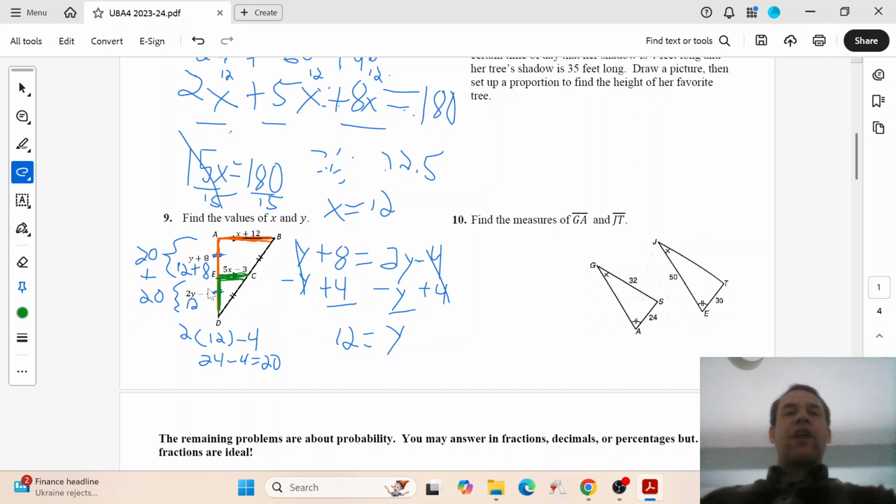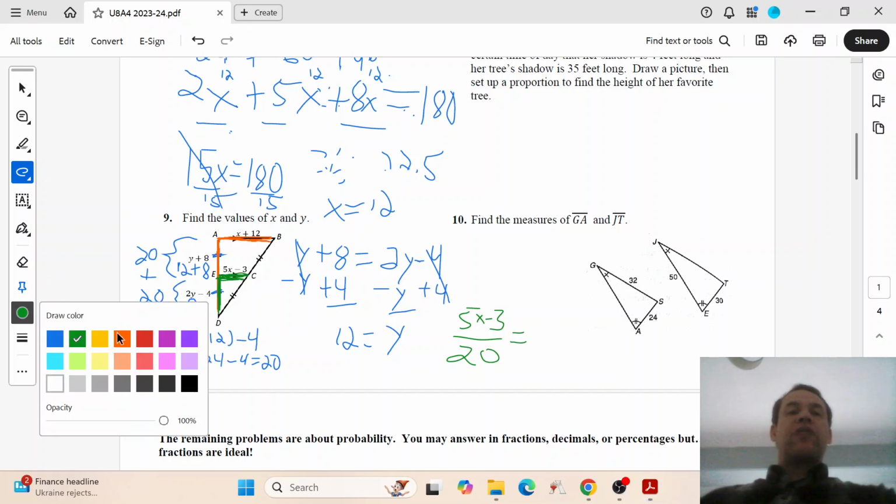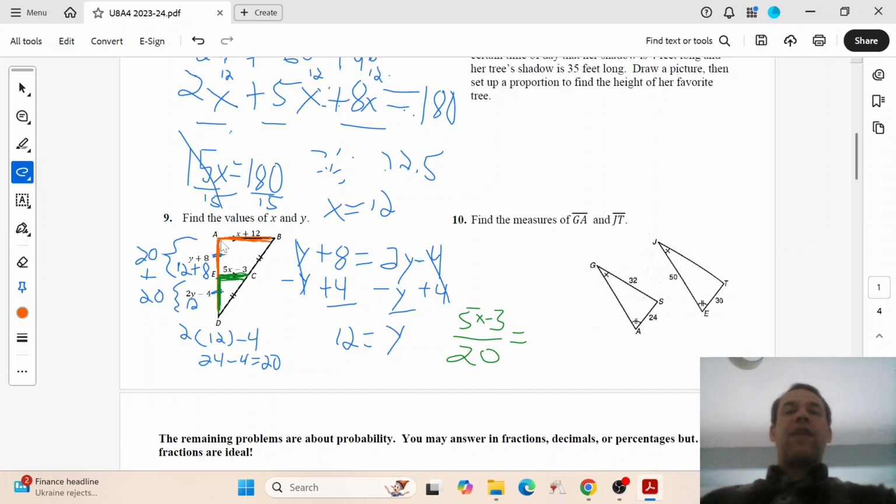And so the little triangle is only 20 with 5x minus 3. So we'll do 5x minus 3 has a proportion of 20 on its leg equals 2. And then if we jump back to orange, you'll be able to see that the whole thing together, that really big long side there, is 40.